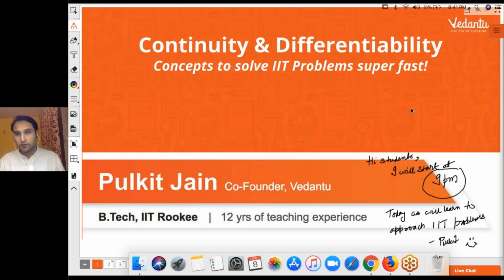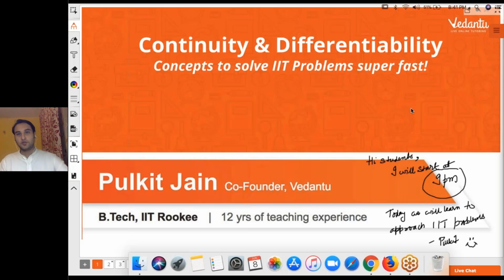But then I realized that if teachers like me, or the great teachers in the country, there are many out there, have to reach out to all the students in the country, then I think the best way is technology. And that is the reason why after starting Laksh Institute, I started Vedantu, where we are building technology to reach out to students like you sitting in all parts of the country. And tomorrow, after learning and getting into IITs and other colleges, you are the future of technology, and you will be creating the best technology to take education anywhere, right? So that's what inspires me. That's why I teach kids like you, right?